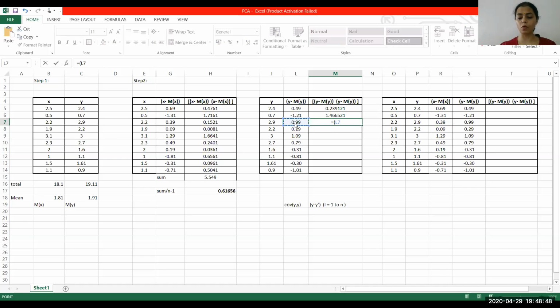We can do it for all the values of y. Now, we can generate the sum of this.